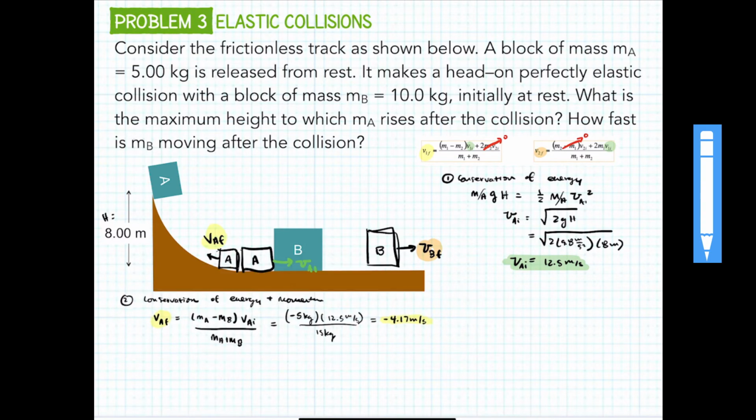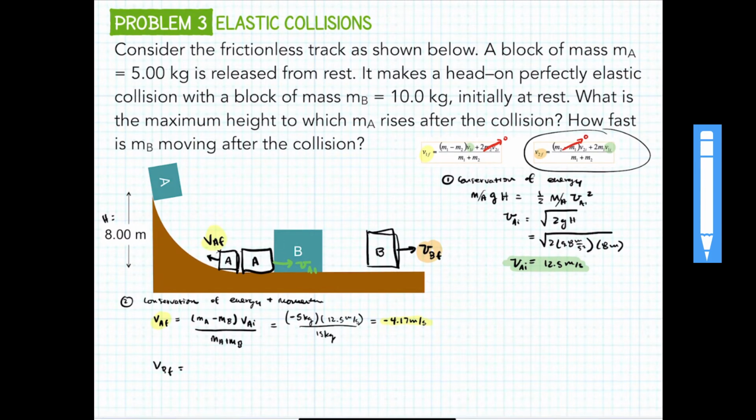Okay, we can do the same thing for VB final. We just look at this equation over here and we see that we end up with 2 MA VA initial over MA plus MB.